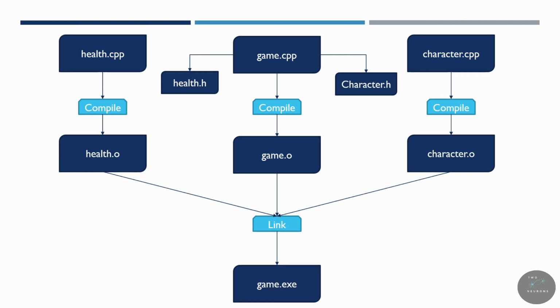At the end, we'll talk about how they come together in this main branch here, the game class. Our end result in our game is that we want our health and our character information to be included in our output, our game file.